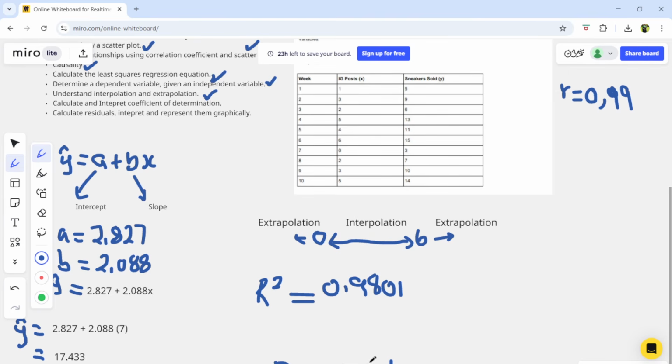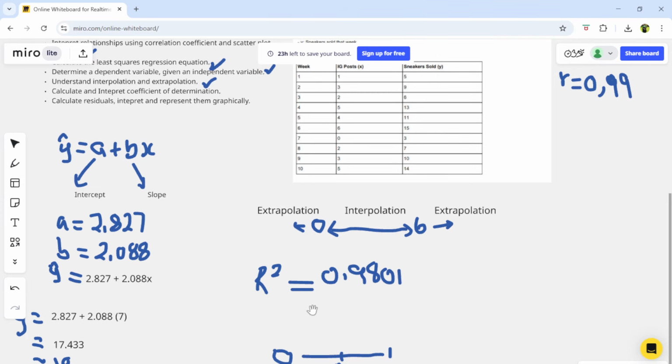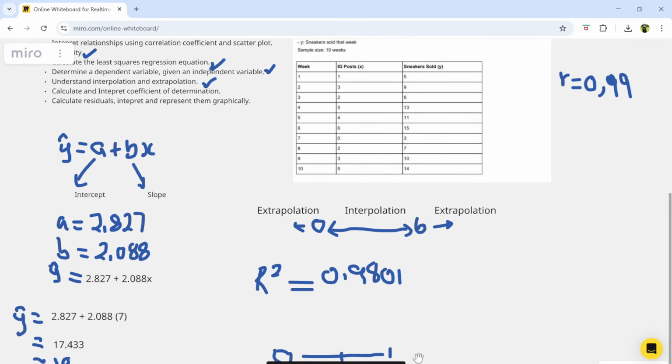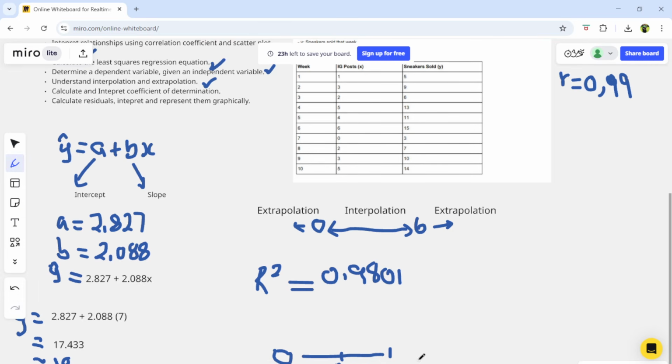If it is more than 0.5, it fits the data well. And if it's less than 0.5, it does not fit the data well. If it's exactly 1, it fits the data perfectly. And if it's exactly 0, it does not fit the data at all.